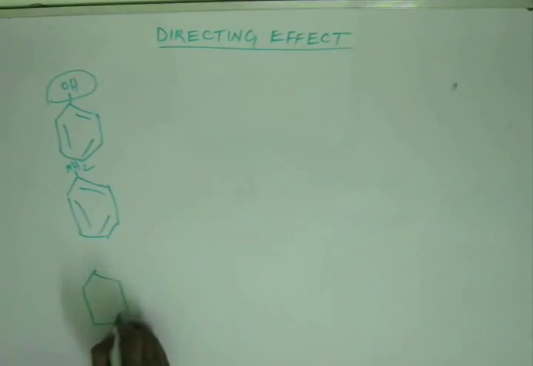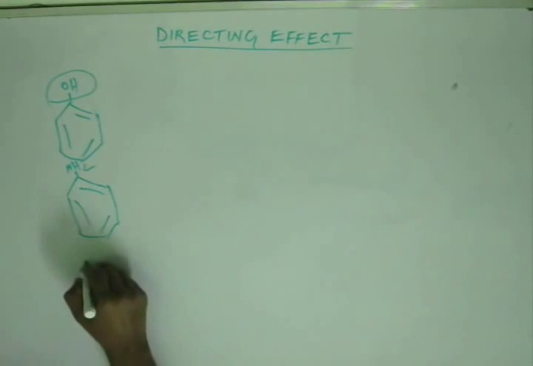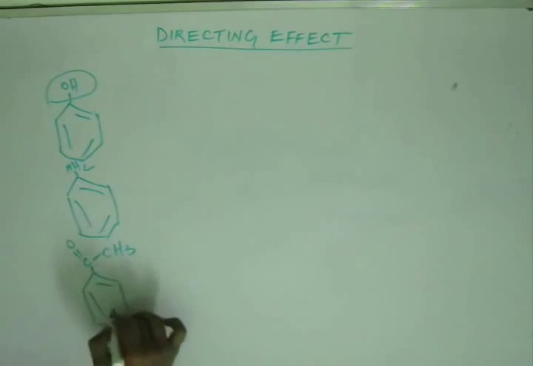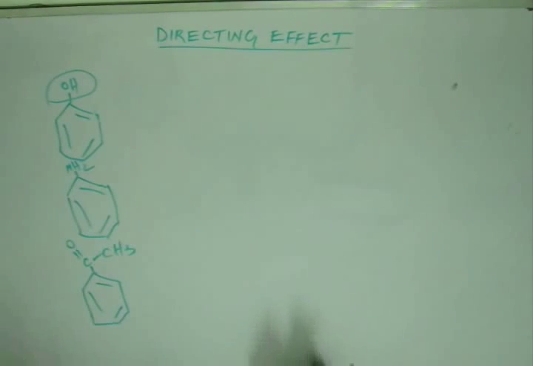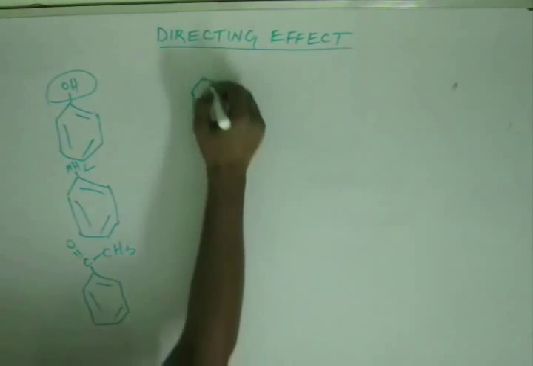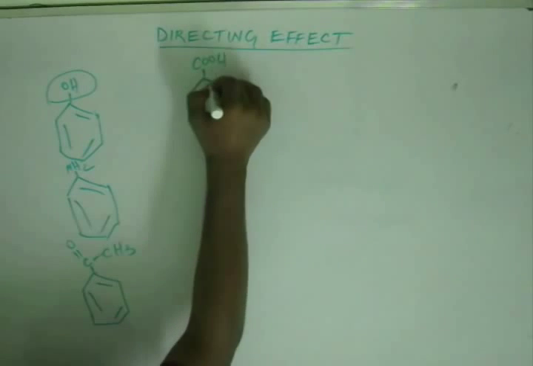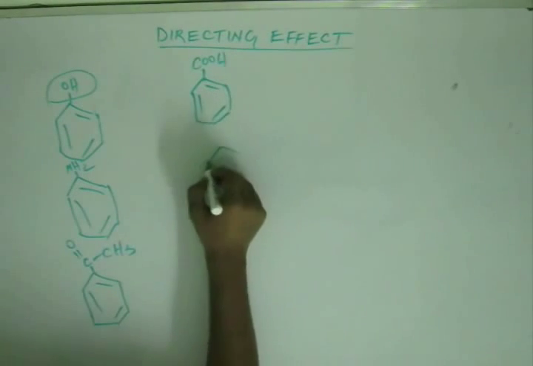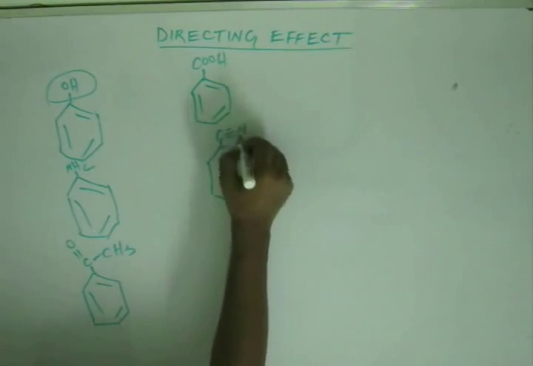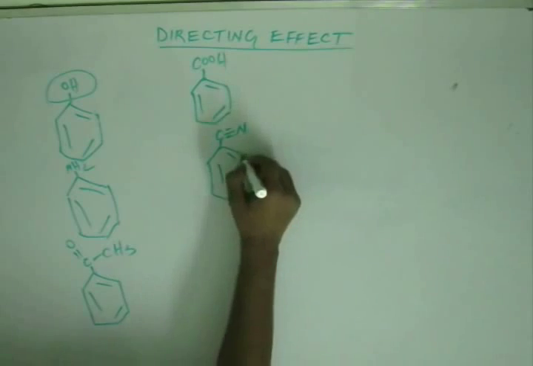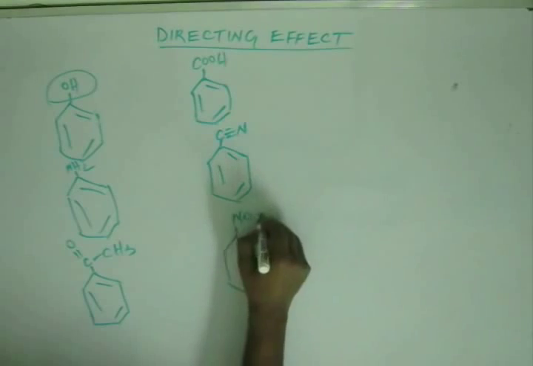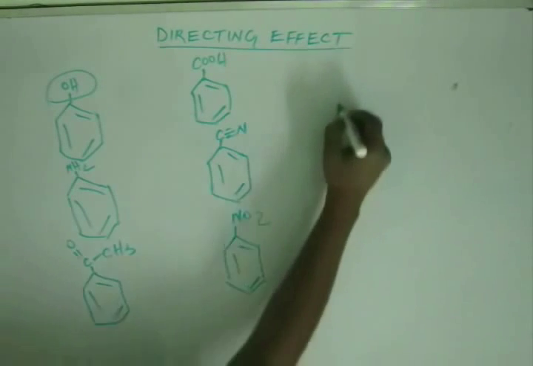If you have acetophenone, the new incoming electrophile will go to meta position or ortho para position. Similarly, suppose we have benzoic acid, or we have cyanobenzene or benzonitrile, or we have nitrobenzene.